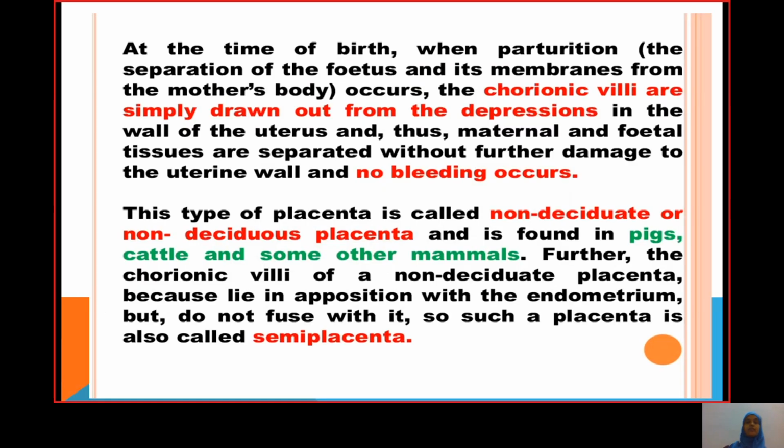Now we will discuss the non-deciduate placenta first. Non-deciduate: there is no damage to the mother's uterine lining.